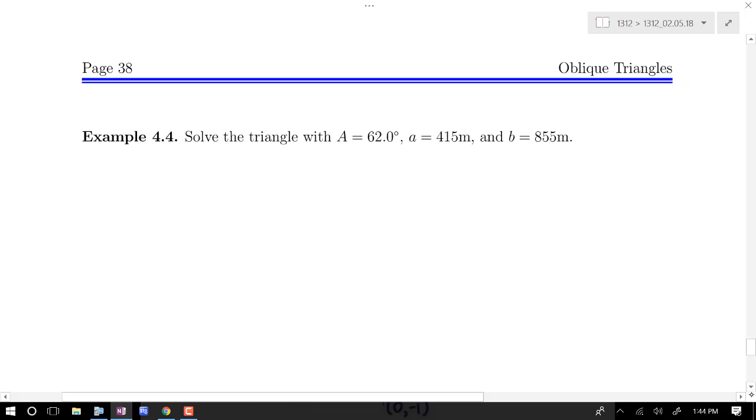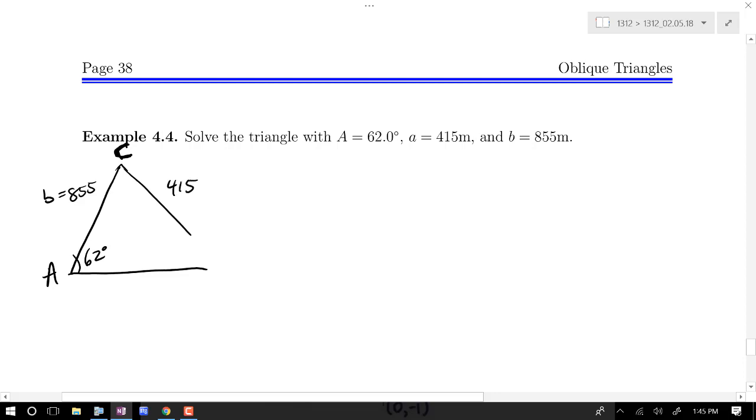Let's solve this triangle. They give us angle A is 62 degrees. They give us side A, so that's the opposite side, and side B, which is an adjacent side. So this would have to be angle C up here. 415.